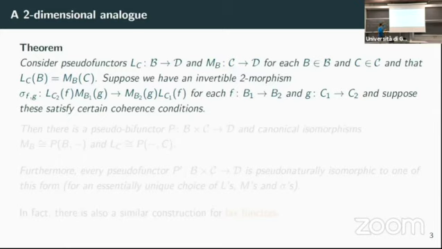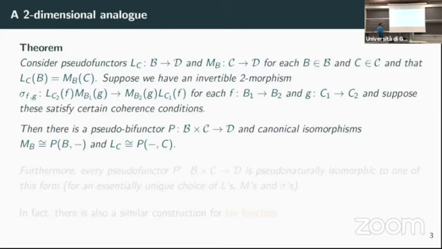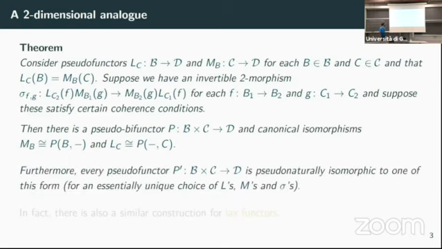But then we can prove a theorem which looks very similar. We can prove that there is in fact a pseudo bifunctor, which restricts to give these. Furthermore, we have a converse which says that every pseudo bifunctor will come from families of this form, for some essentially unique choice.